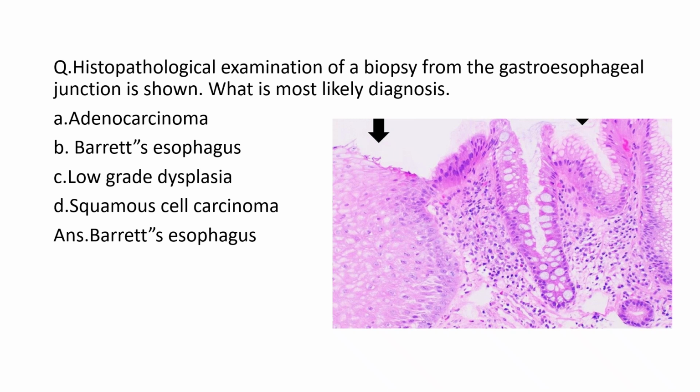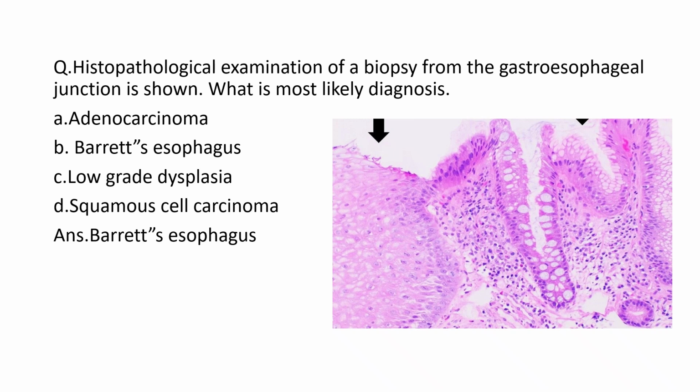The next question is, histopathological examination of a biopsy from the gastroesophageal junction is shown. What is the most likely diagnosis? As we know, the normal lining of the esophagus is stratified squamous epithelium, and the gastric epithelium has surface mucus cells. The options are adenocarcinoma, Barrett esophagus, low-grade dysplasia, and squamous cell carcinoma.